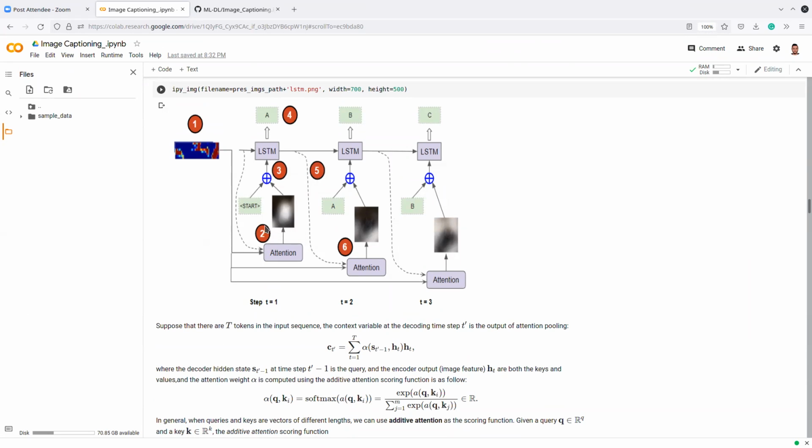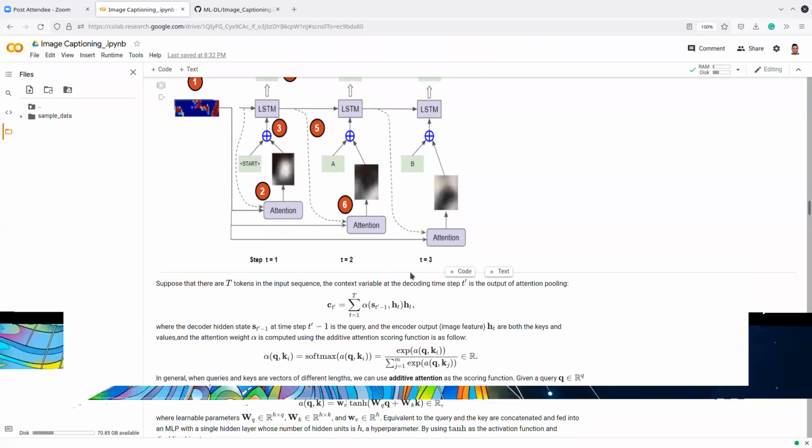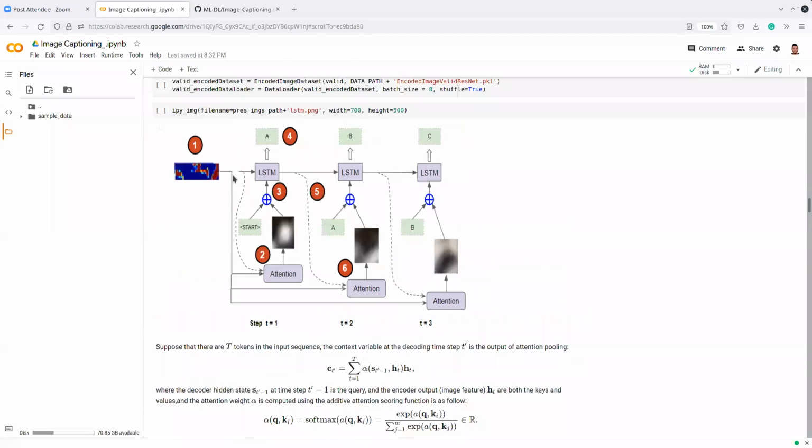I think you know what attention is, but a brief description: each time we want to generate a word, our attention mechanism will help the decoder, which here is the LSTM, to focus on a part of the image, not all the information of the image.